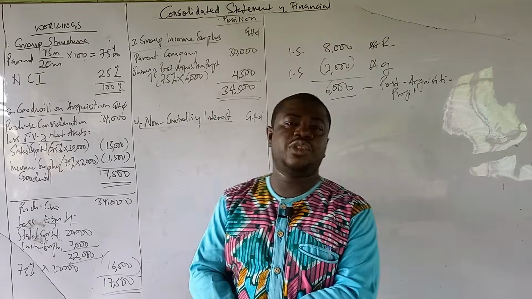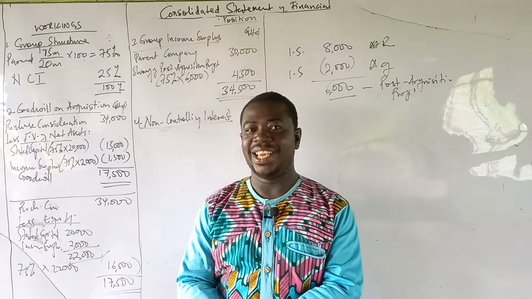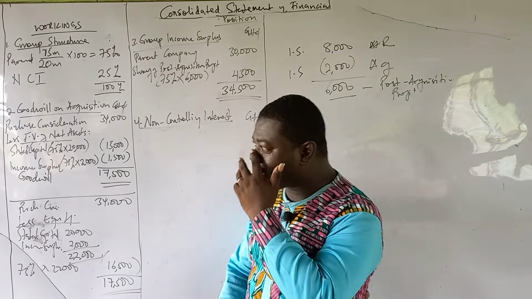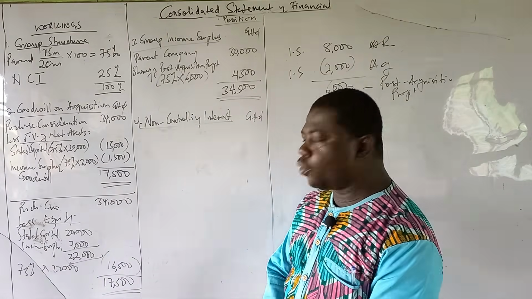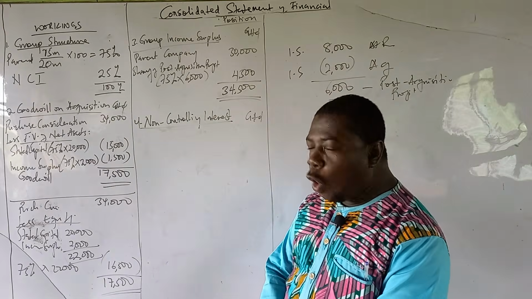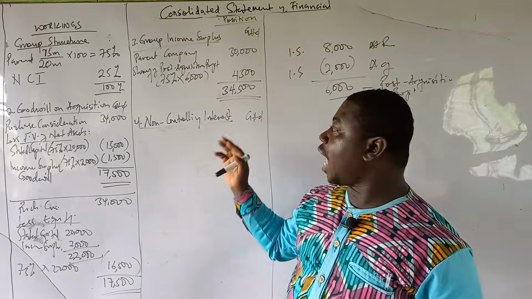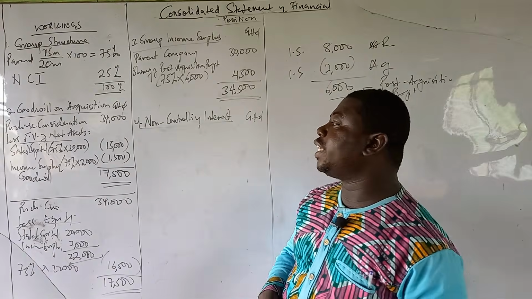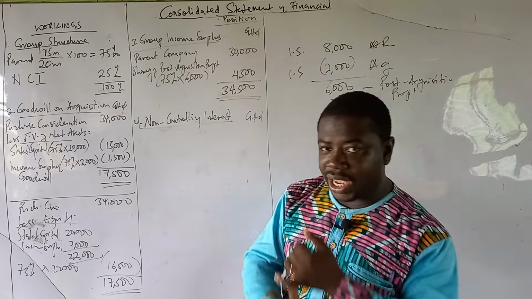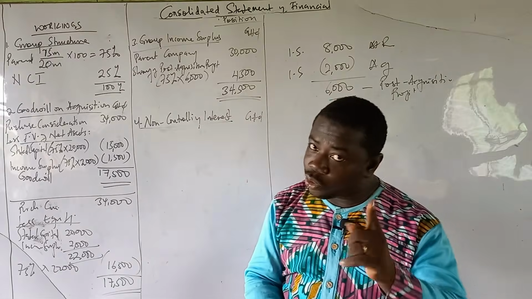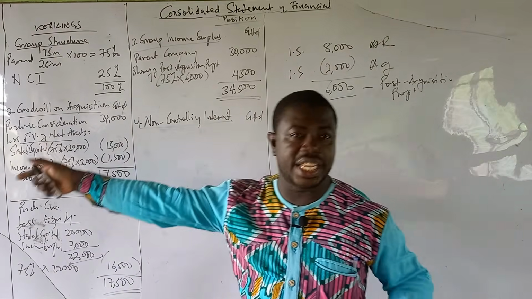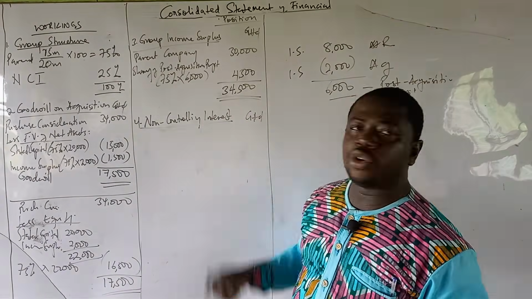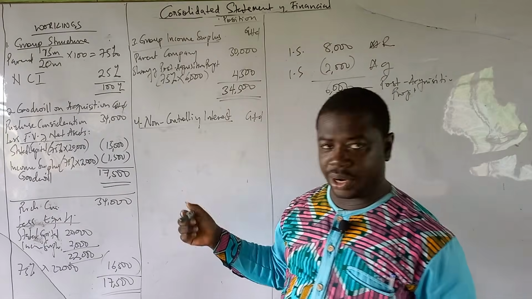But now, as we are growing in consolidation, we have come to understand that there is something called pre-acquisition income surplus and post-acquisition. So, as for the non-controlling interest, they have a share both in the pre-acquisition and the post. Take note: the non-controlling interest is not like the parent that will have a share only in the post-acquisition. Non-controlling interests have a share in both the pre and the post.